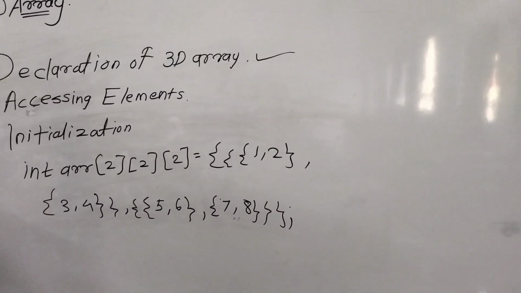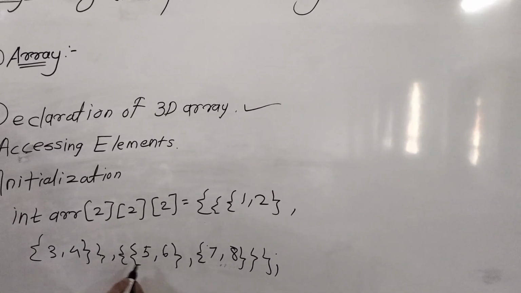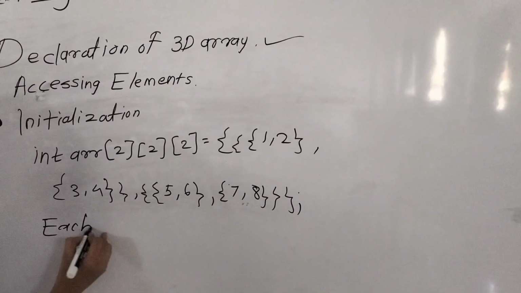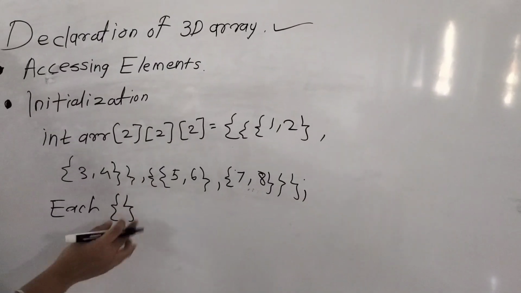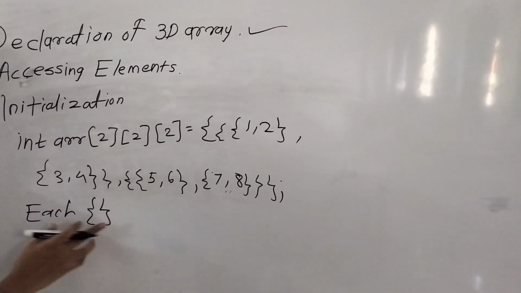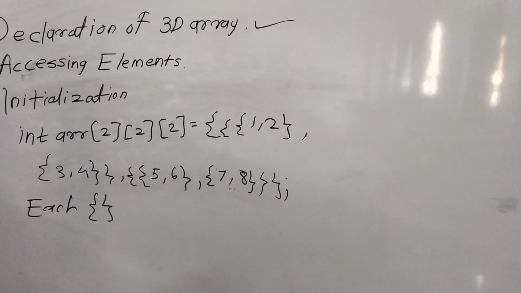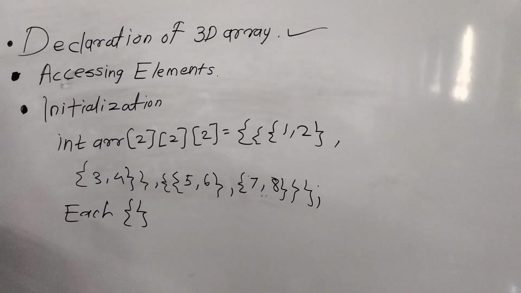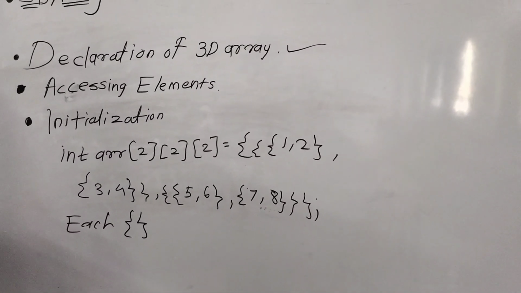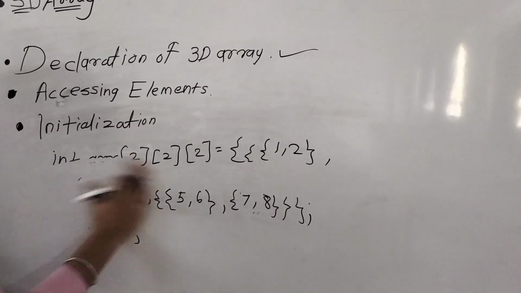So you can initialize it like that. Each brace represents one level of the array. This makes the layers easy to explain.